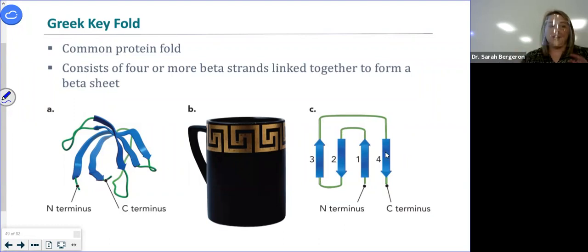And then in three dimensions, they get kind of twisted, right? But all I'm saying is that there are multiple common tertiary structures that we find in proteins, and we can use those common structures to predict functions, right? You can say, okay, I'm studying this protein in mice, and it has this particular domain that gives it a function.